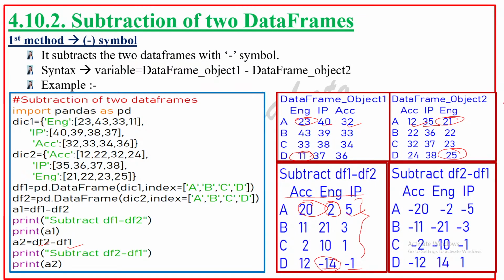Second data frame means 21 minus 23, if you do it, then it will generate negative 2, minus 2. So subtraction DF1 minus DF2 and DF2 minus DF1 will generate different output. This is the first method.